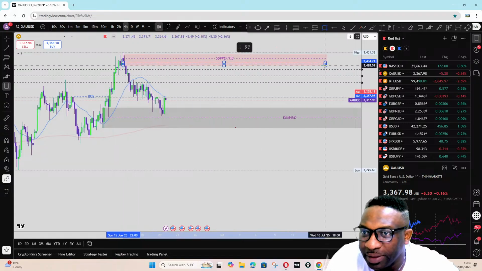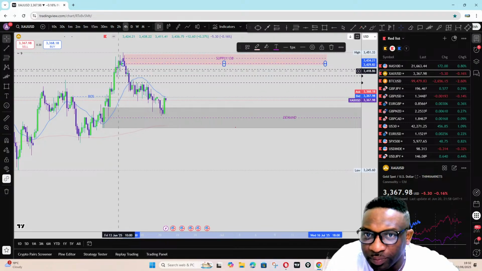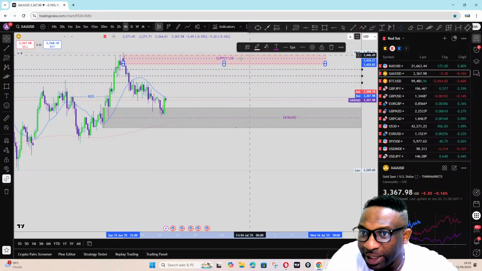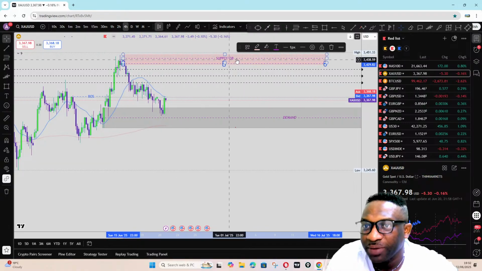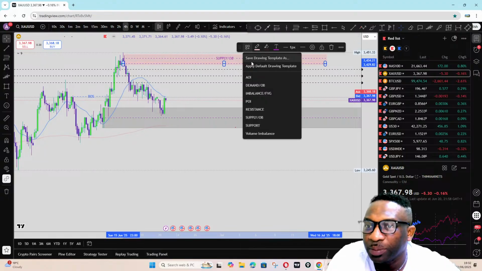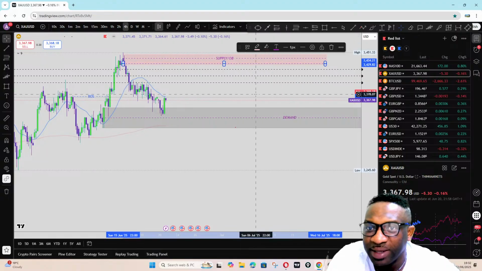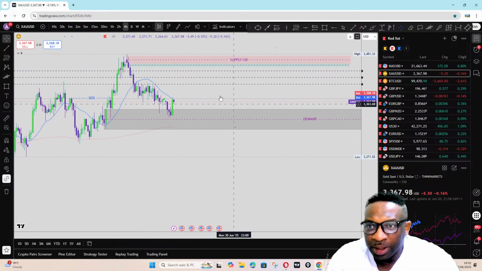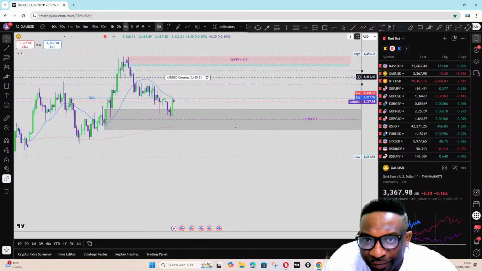On the daily, it wasn't clear enough to mark this area. So on the 4-hour, it's giving us that opportunity to identify some of these things that help us in trading. So that's a small area of fair value gap.